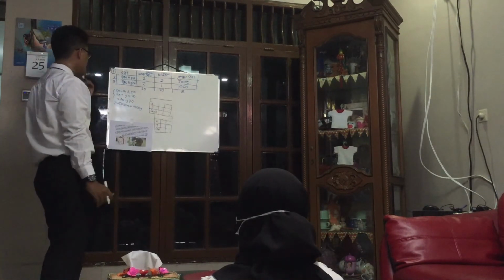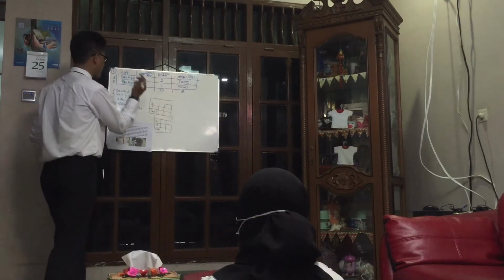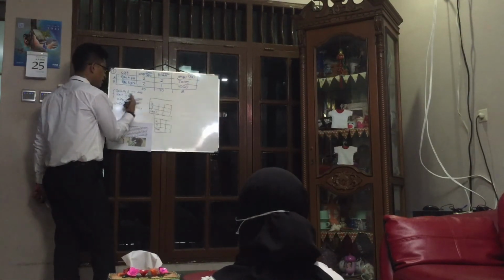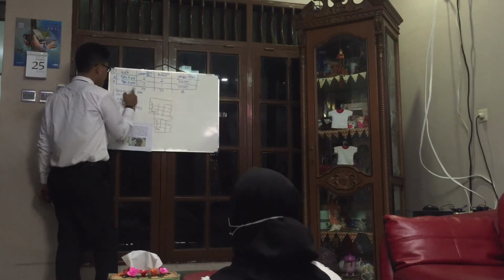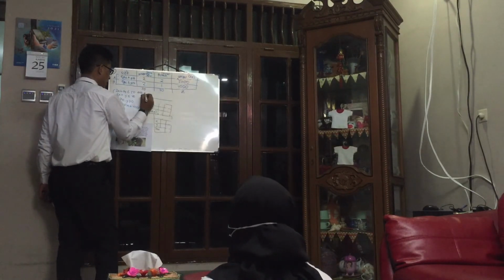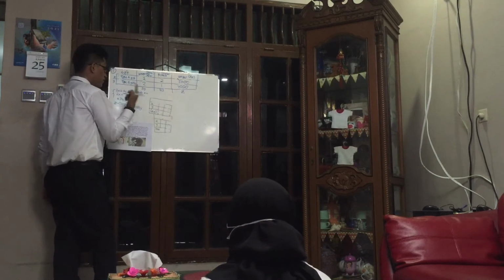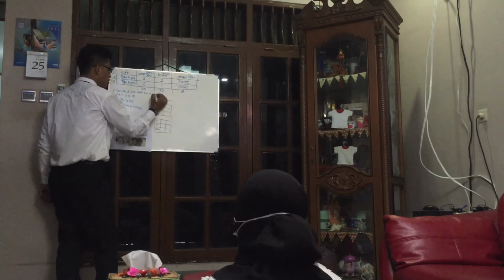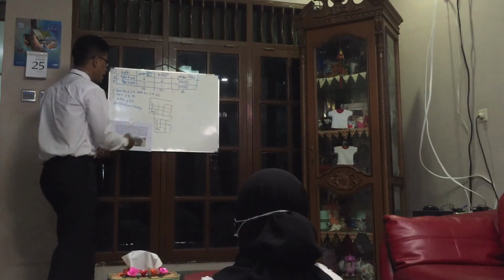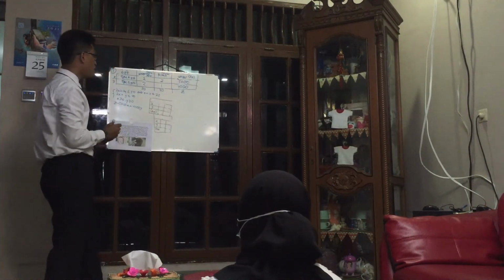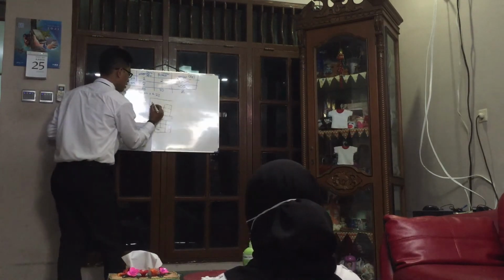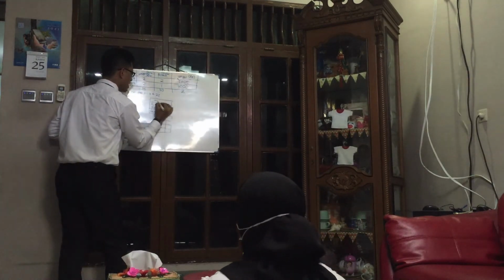The next step, we make a graph. To make it easier, we can divide the first constraint by 2, so x plus y less than or equal to 25. Okay, we can find the intercept points first. x plus y equals 25.